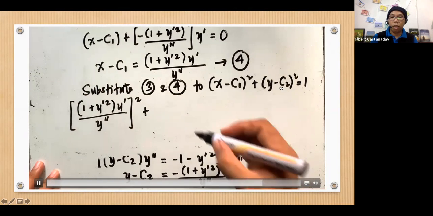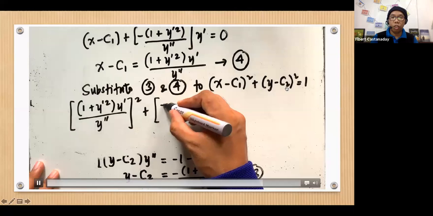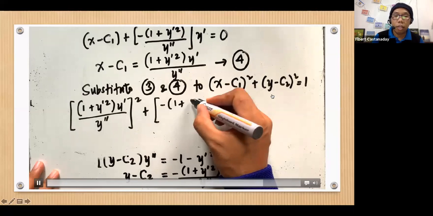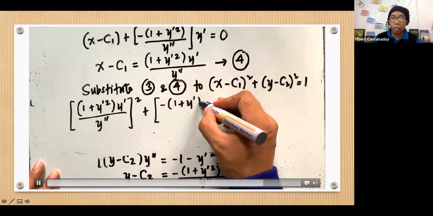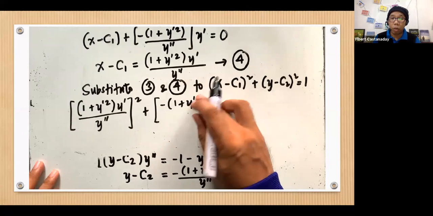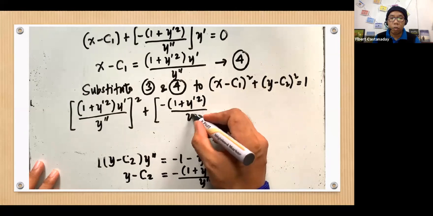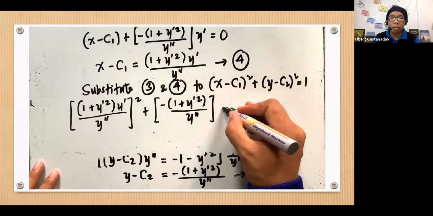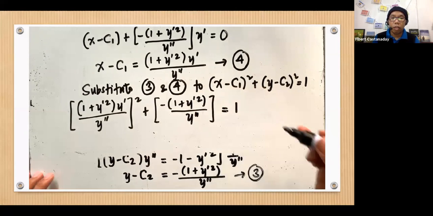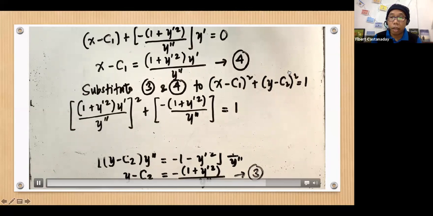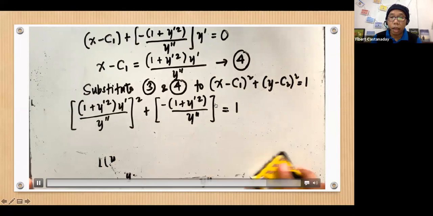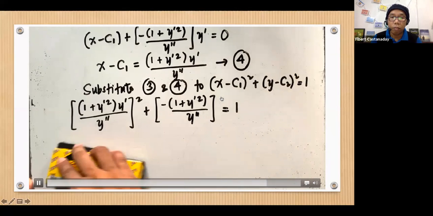And then you plug in here the value of y minus c sub 2, which is minus 1 times the quantity minus times the quantity 1 plus y prime squared. Okay, all over y double prime. Okay, equal to 1. Or don't forget, ito pala ay naka-raise to 2. So, kailangan raise to 2 din ito.